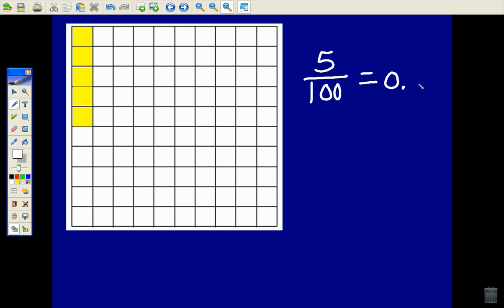This is my tenths place, my hundredths place. That's where the 5 goes. I have to put a 0 to hold the place. So 5 hundredths is the same thing as 0.05, which is 5 hundredths. We say them exactly the same. They look different, but they are the same representation of this model right here.